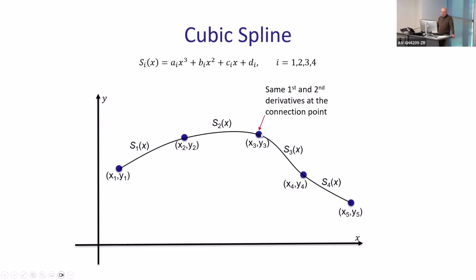Let's say you're picking a particular point, okay? And you know that segment i, which is 2 in that case, will be some cubic polynomial. So you need to find a_i, b_i, c_i, and d_i, which are coefficients of that polynomial. All right. So one of the equations will be something that we wrote already in Vandermonde matrix. Which will be that when you put in here x3, you should get y3 here.